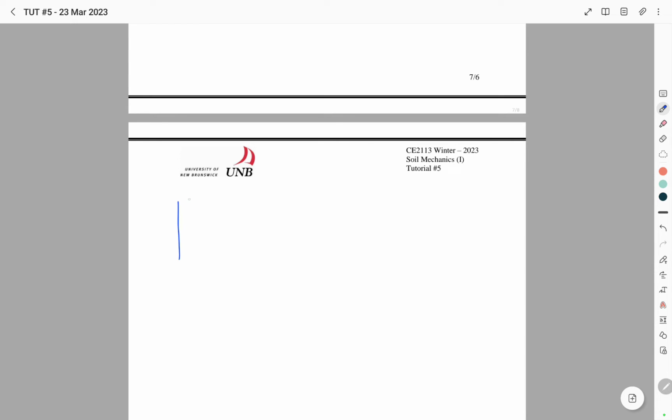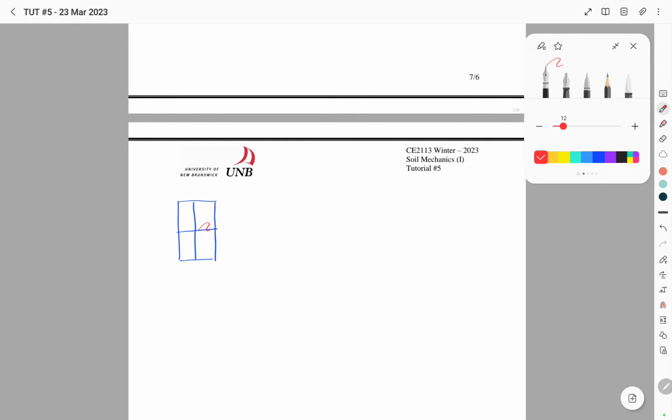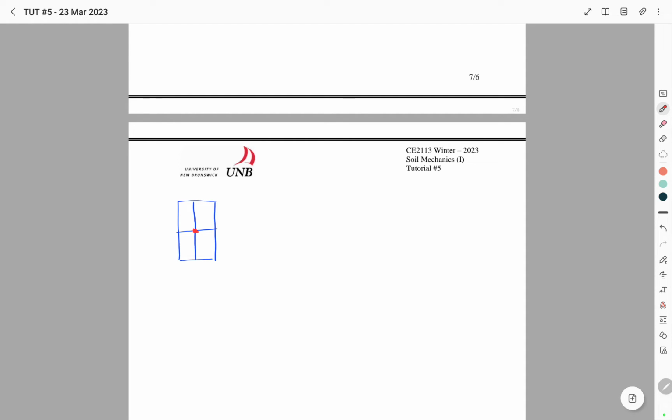So for the first point, which is point 1, this is our point 1, and this is 30, this is 20. So we have this rectangle, this rectangle, this rectangle, and this rectangle. So we have 4 rectangles that have the same corner at point 1.